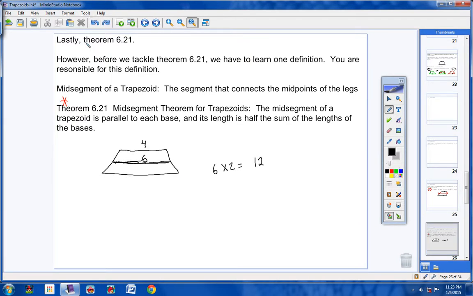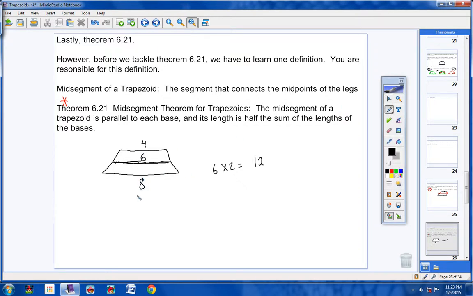If I give you 2 bases, a base of 4 and a base of 6, you add them together and divide by 2, and the mid-segment would be 5. If I give you 1 base and 1 mid-segment, then take the mid-segment, multiply it by 2, that gives you 12. And then you know this base up here and this base down here have to add up to 12, so the other base would have to be 8.